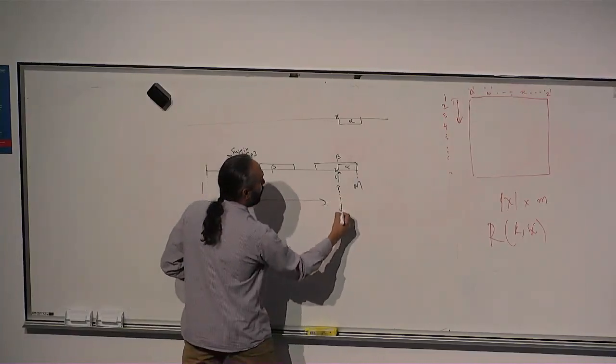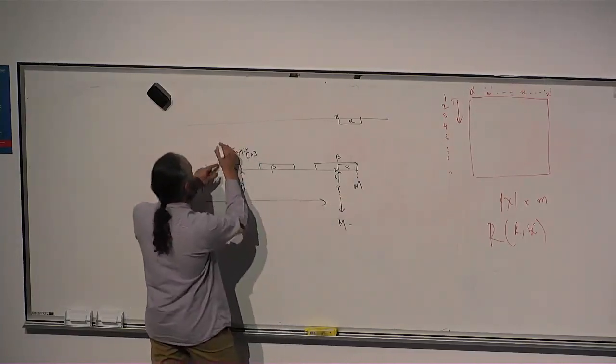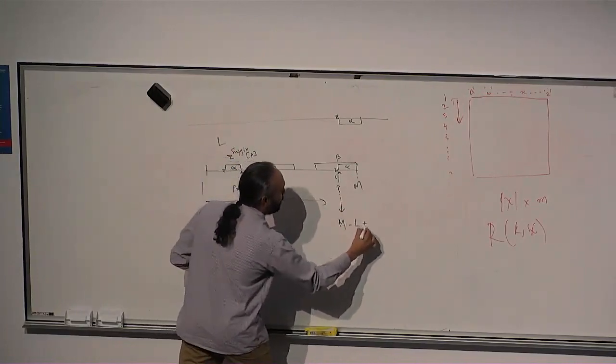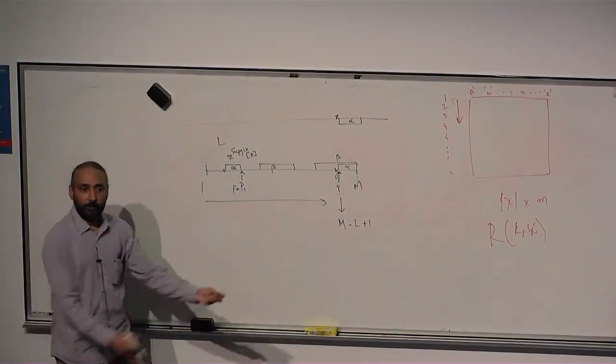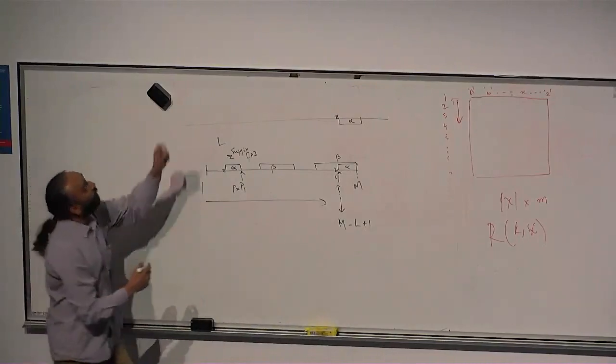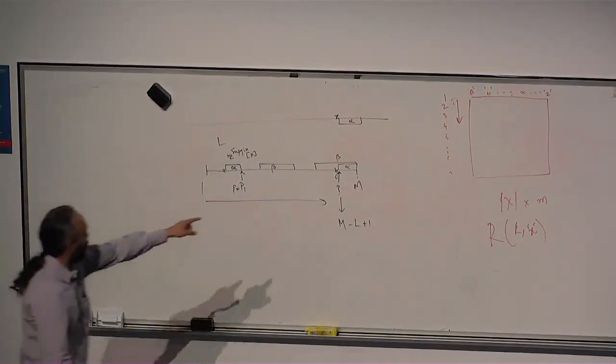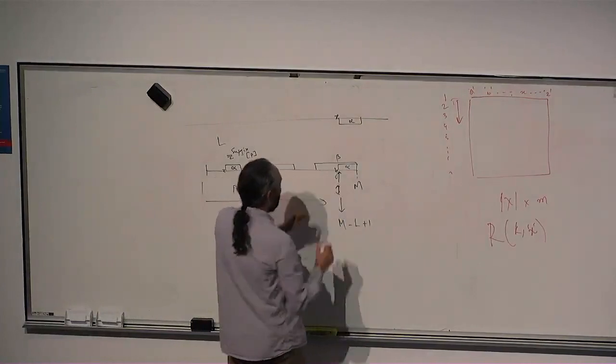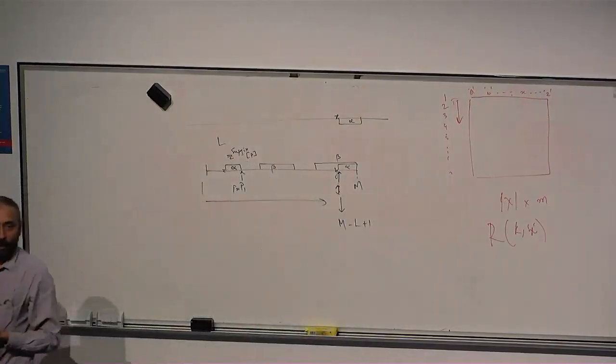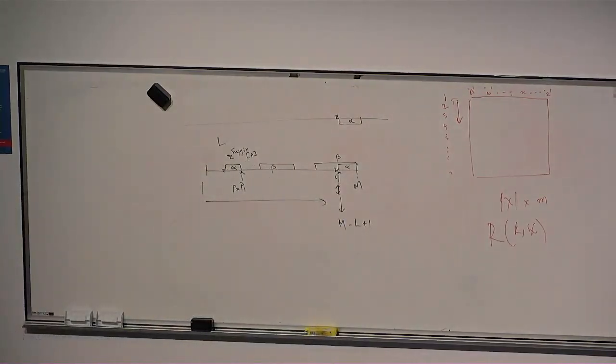So this position would be m minus, let's call this length L, m minus L plus 1, isn't it? So if you look at the line there, m minus length plus 1 is what you're computing in line 8. So J, let's call this position J, is m minus L plus 1.